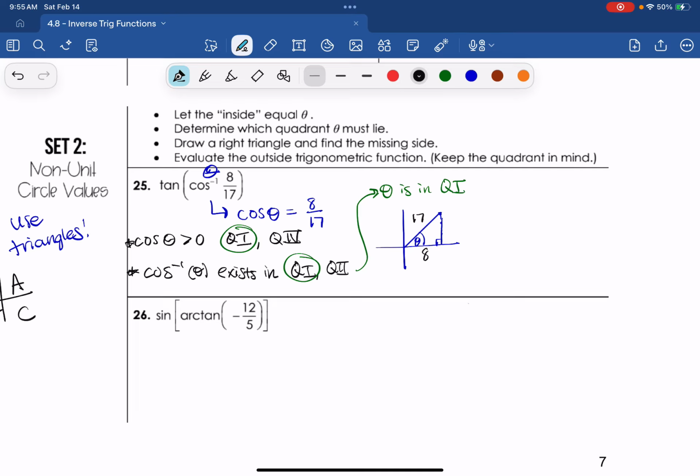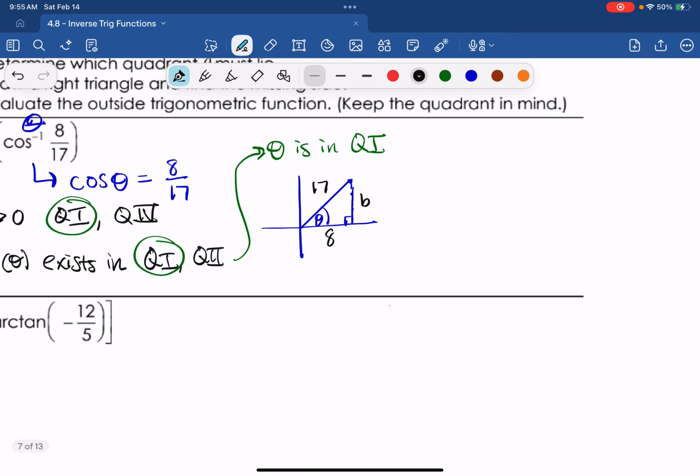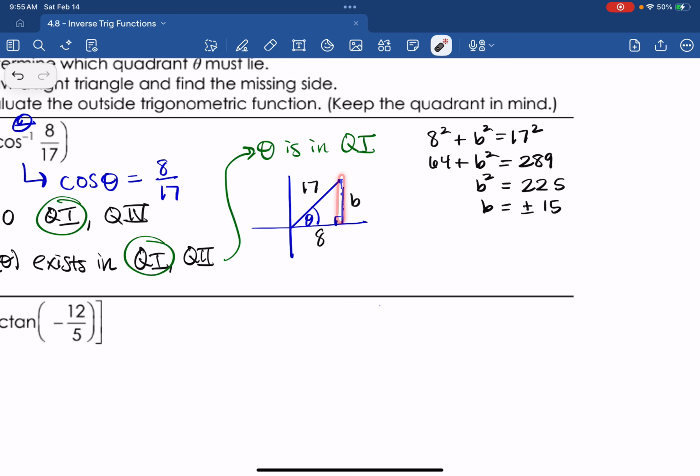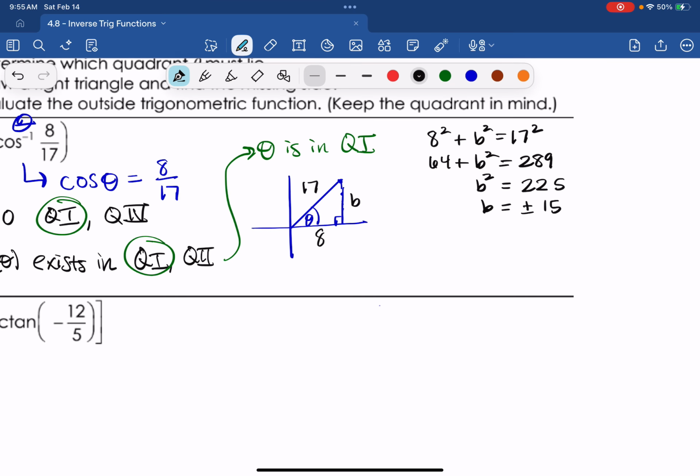We need to figure out this side, which we'll call B, and we can just use the Pythagorean theorem. 8 squared plus B squared is 17 squared, so 64 plus B squared equals 289. Subtracting 64 from both sides gives B squared equals 225. Square rooting both sides, B is plus or minus 15, but since B is this vertical distance, B is just positive 15.